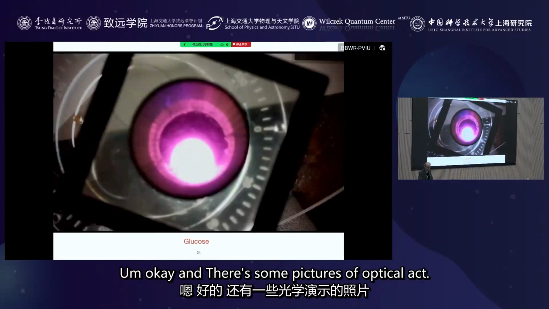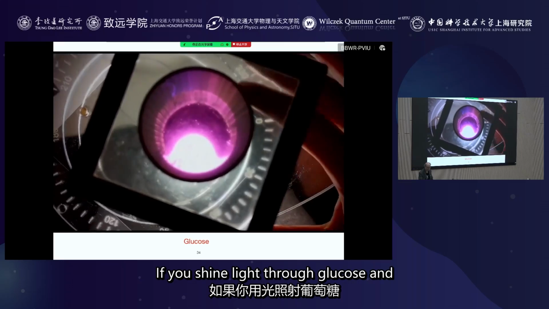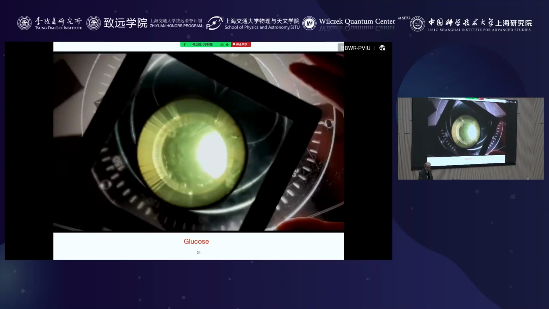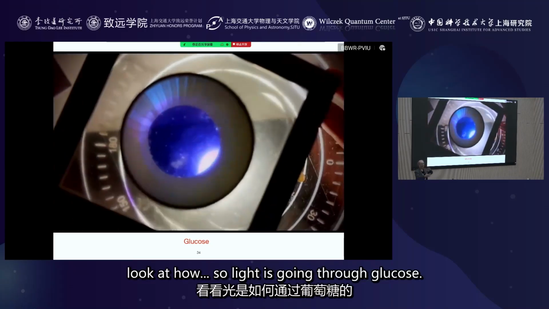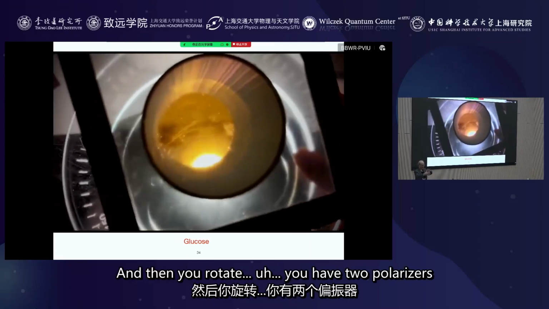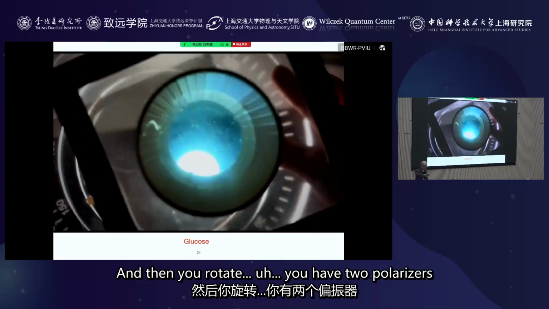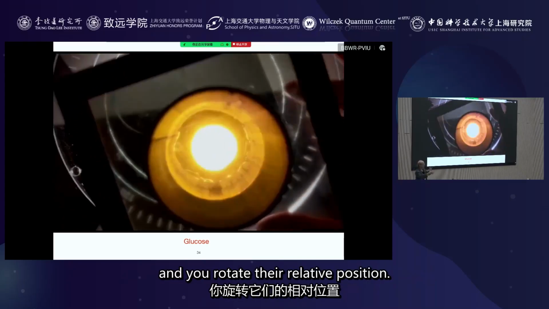Okay, and there are some pictures of optical activity. If you shine light through glucose, you have two polarizers and you rotate their relative position.